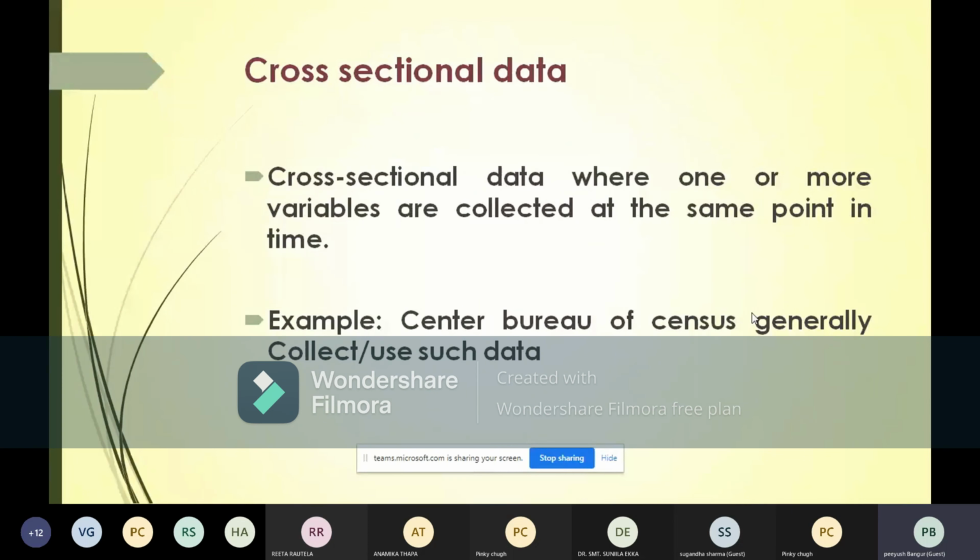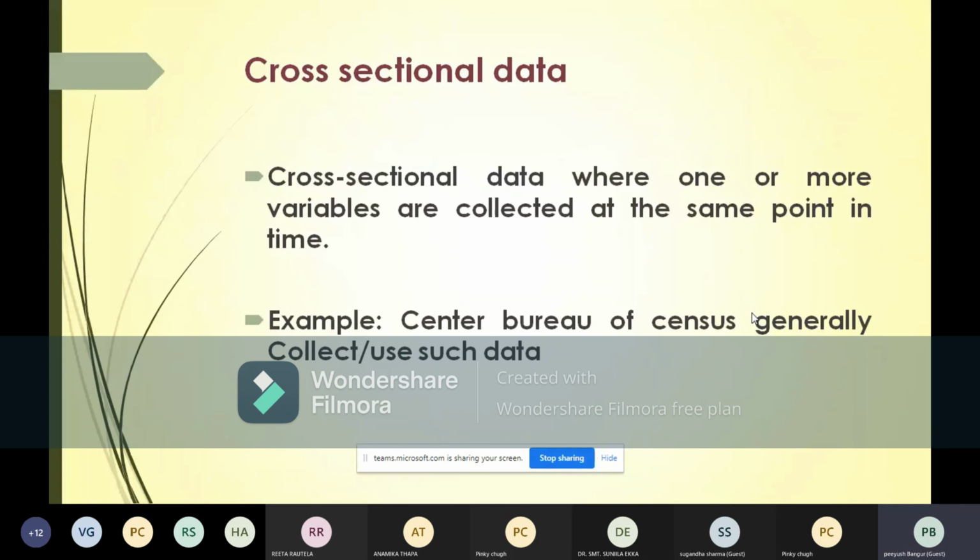For example, I have to collect the data of Uttarakhand, and the data of Rajasthan, or the data of Madhya Pradesh. In this case, what exactly happens? Similar data is collected at the same point of time, by the same organization or the same researcher.